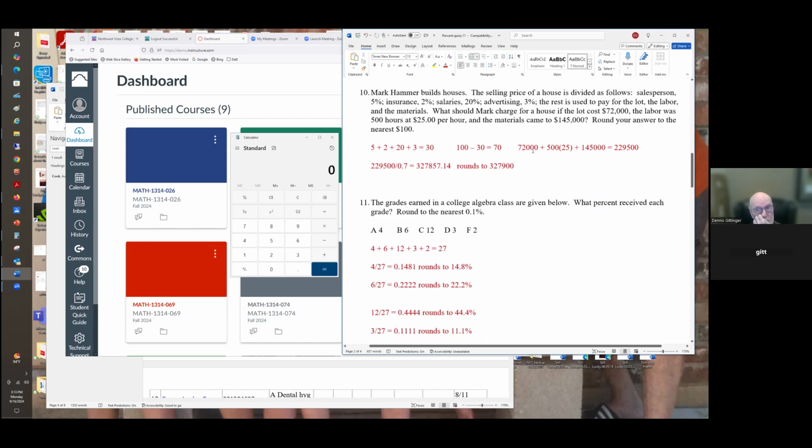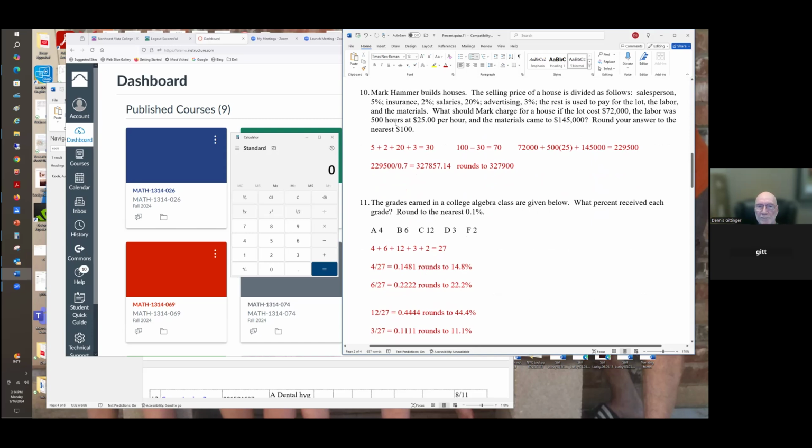Okay, selling price of a house. You've got four little things here. 5% to the salesperson, 2% for insurance, 20% for salary, 3% for advertising. Add those together, 23, 25. That's 30%. So the rest is the lot, the labor, and the materials. The lot was $72,000.